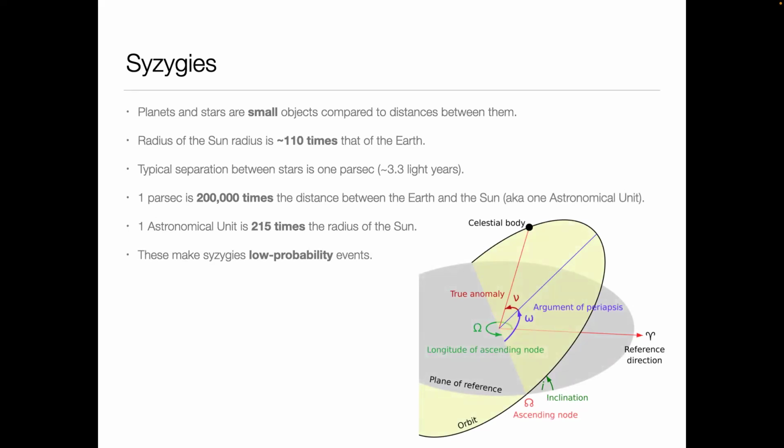So for example, this is shown with the gray here, and the orbit of some object is basically shown with the yellow plane here. If the reference direction is aligned with the so-called node of the orbit, then there's some alignment that is temporary that we call a syzygy. Now, when I provide examples, this will be more clear.